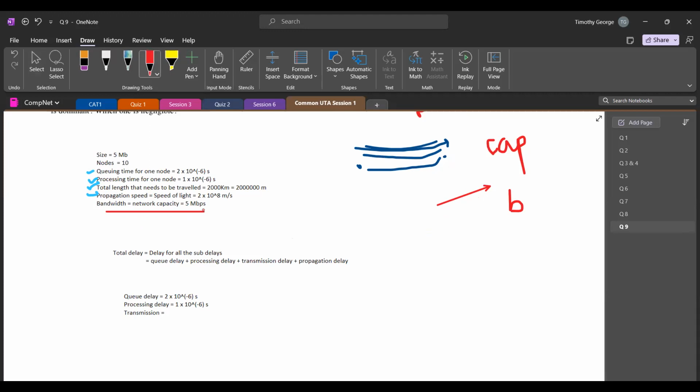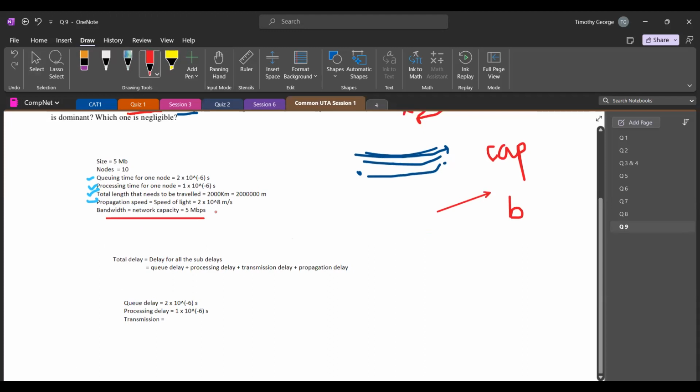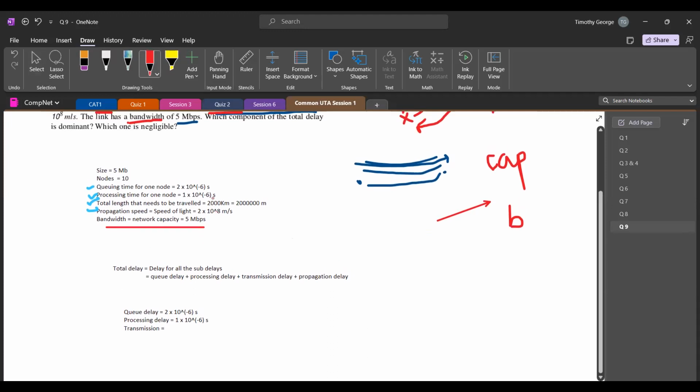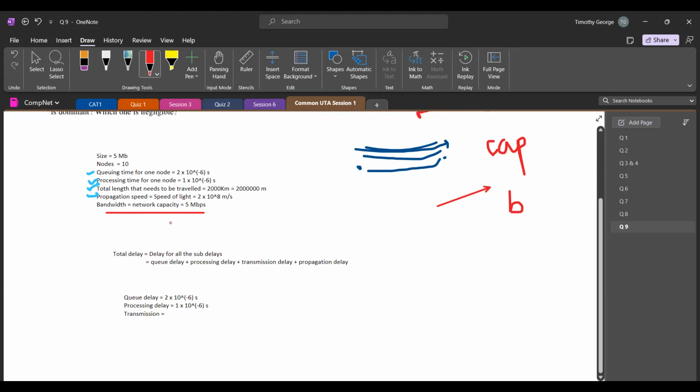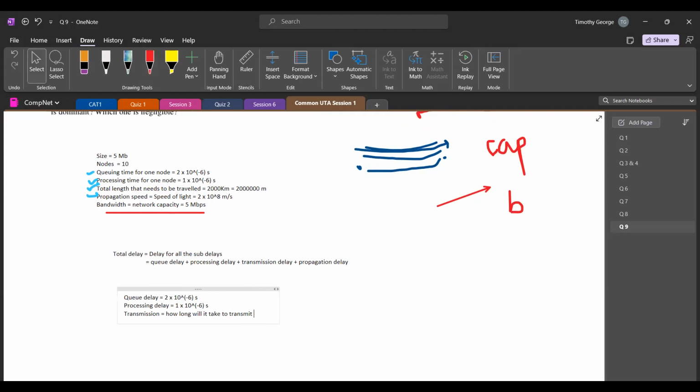That's the bandwidth. Transmission is how long it will take to transmit given your bandwidth. That's the transmission delay.